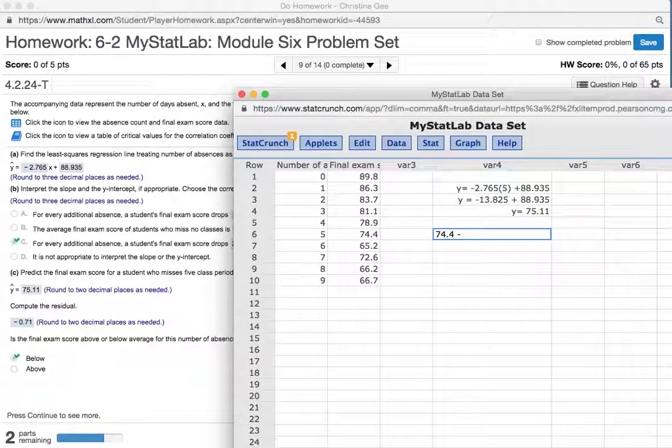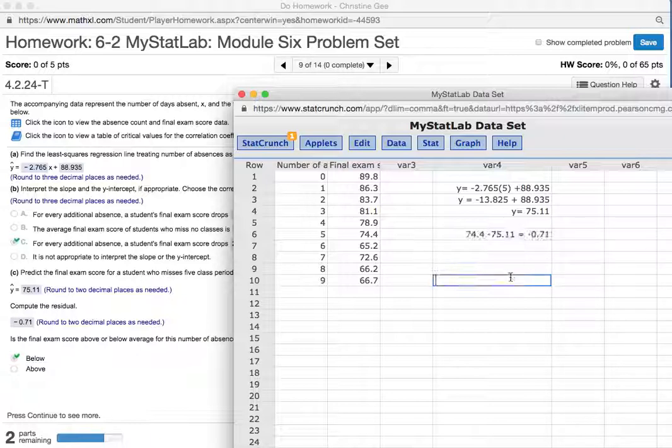minus 75.11. Let me do that in my calculator. We should get the number that's there on the screen, 75.11. Yes, and I'm getting negative 0.71.